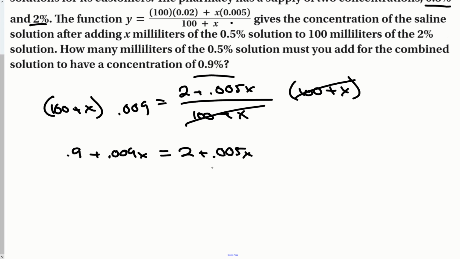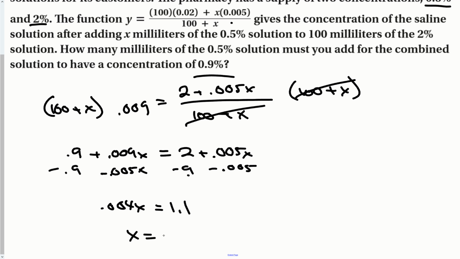Now all we have to do is subtract 0.005x from both sides, subtract 0.9 from both sides, and we get 0.004x is equal to 1.1. Divided out, we get that x is equal to 275. So that means that you should add 275 milliliters of the 0.5% solution to get a 0.9% solution.